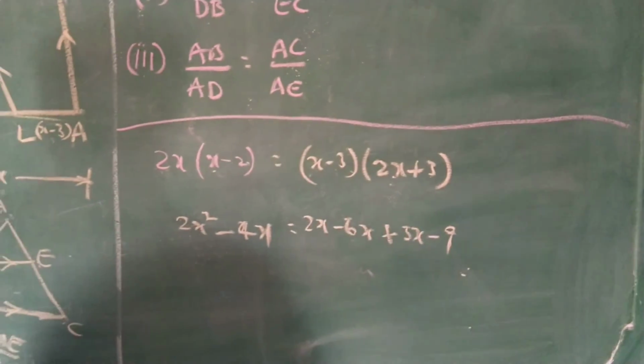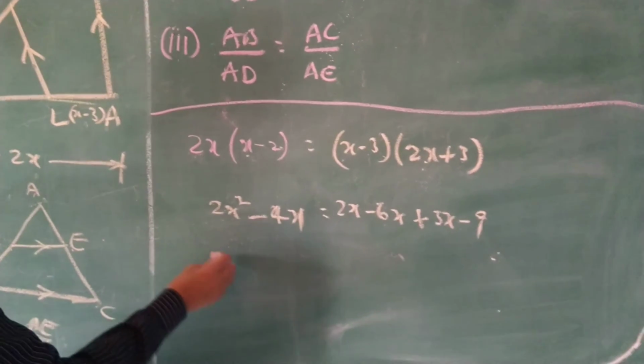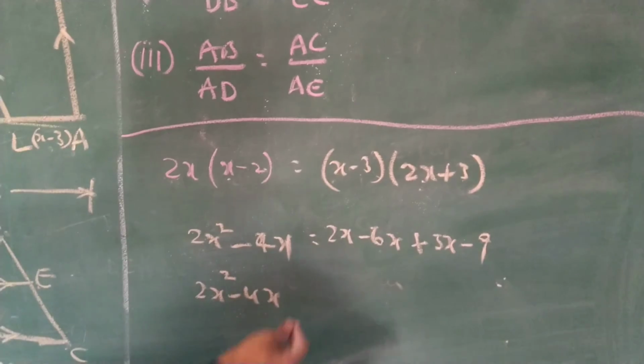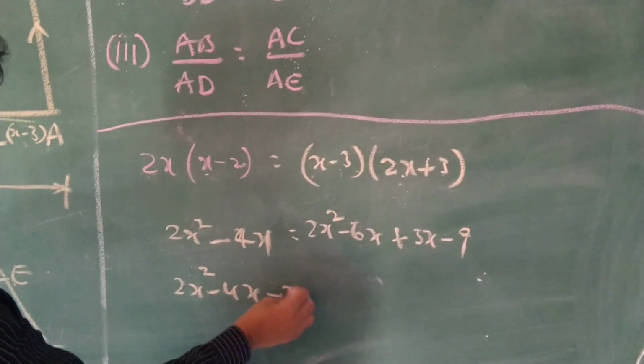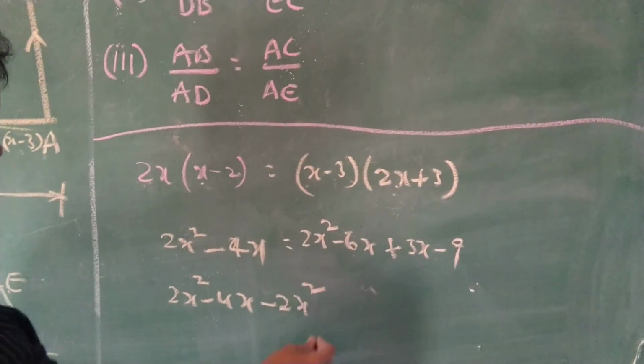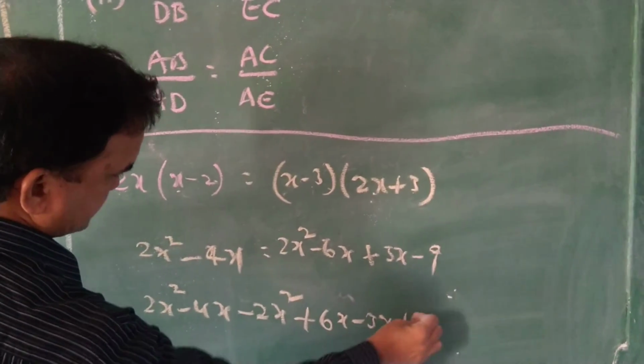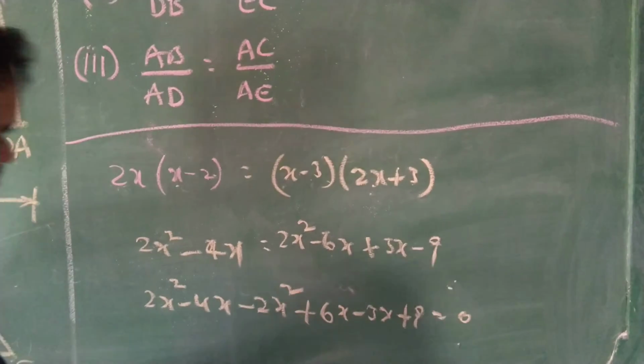Here 2x square minus 4x, you transfer all: minus 2x square plus 6x minus 3x plus 9 is equal to 0.